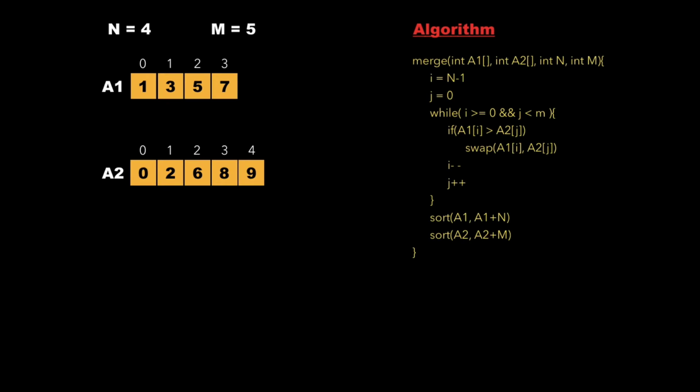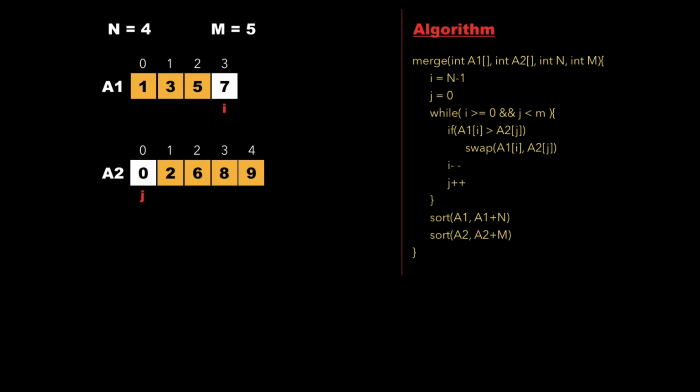The right side of the screen shows the algorithm for the merge function where we declare two variables called i and j, and we point i to the end of array A1 and j to the beginning of array A2. Then we insert a while loop for the condition i is greater than or equal to 0 and j is less than m. That is, till i reaches the beginning of array A1 and j reaches the end of array A2.